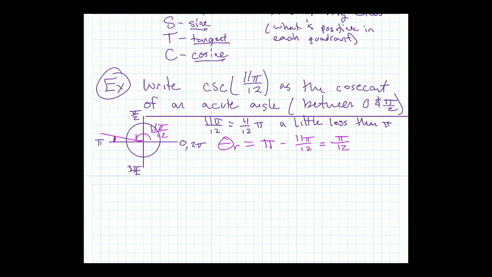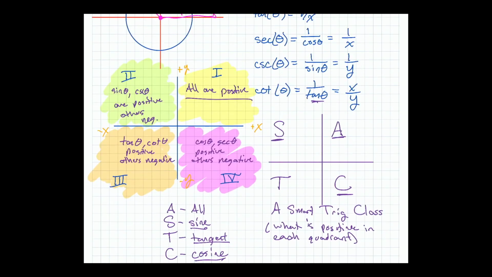Okay, once you have that, then what you need is cosecant of pi over 12, and you have to decide between plus or minus. Which one is it? So you have to consult your picture of the quadrants and say, okay, well, we are in quadrant 2.